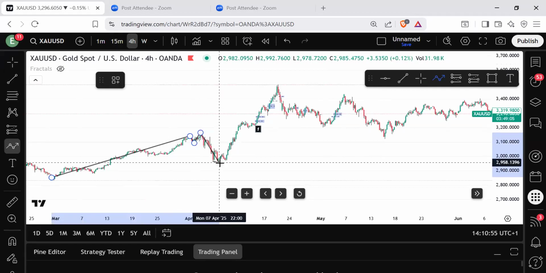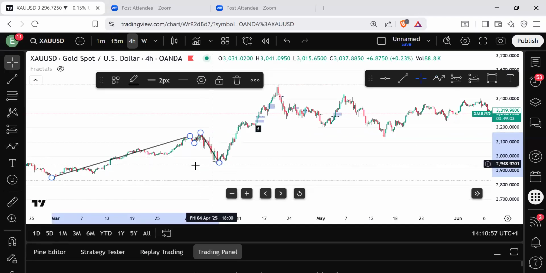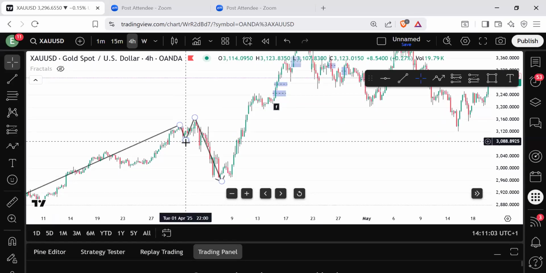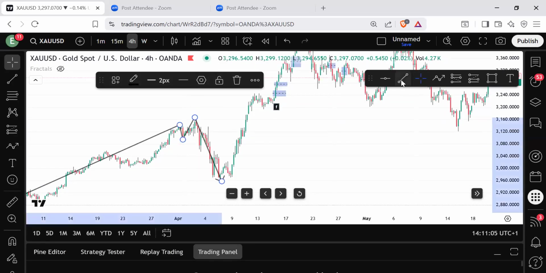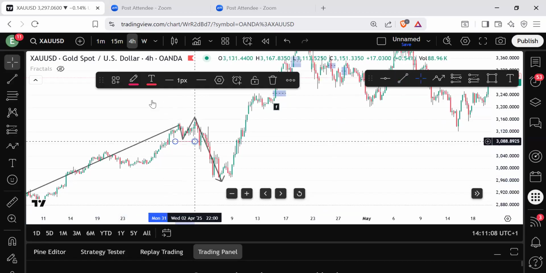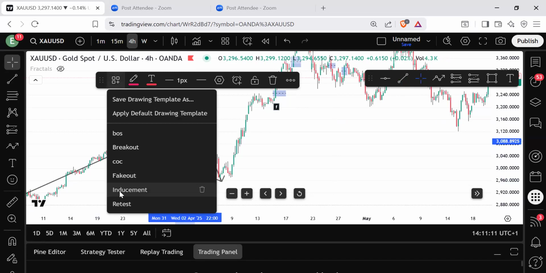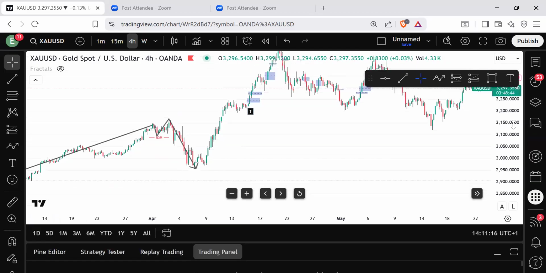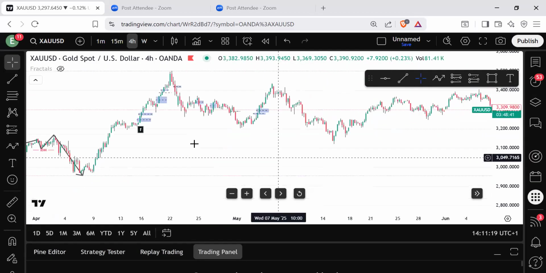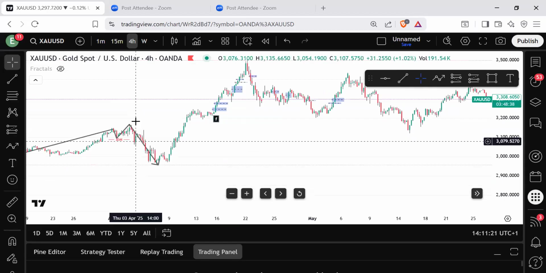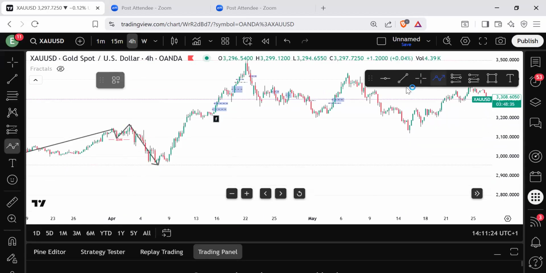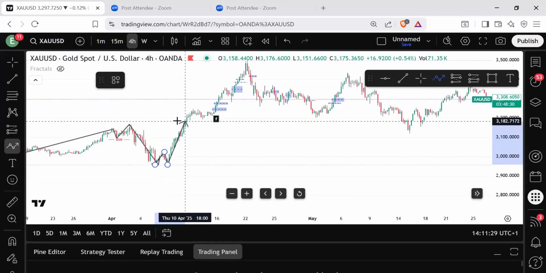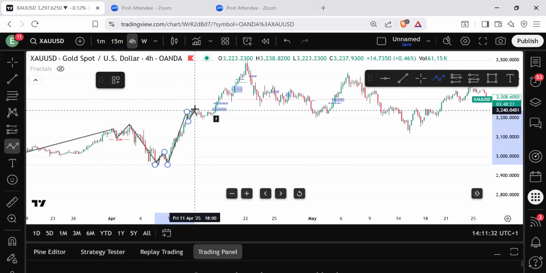Then we had this pullback, and this was inducement. And this correction. So I don't have to mark the valid pullbacks on this correction. This new impulsive move, now I have to mark the valid pullback.